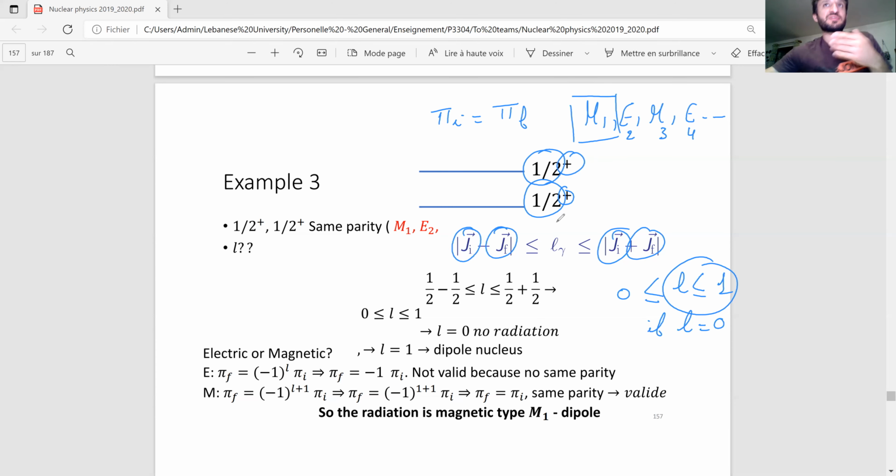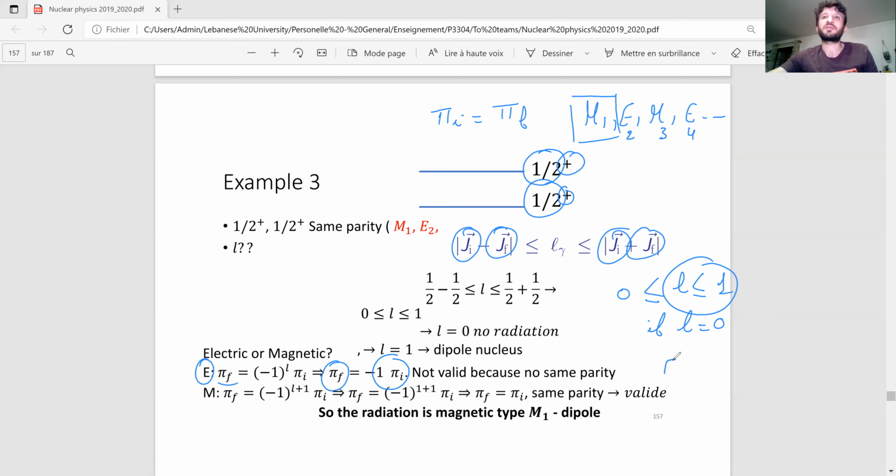To prove this result, we go to the electric and magnetic conditions. Pi final equals (-1) to the power 1 times pi initial, so we get pi final equals minus pi initial. It's not the case, so it's not valid.